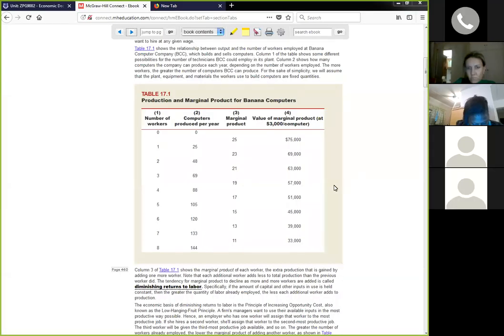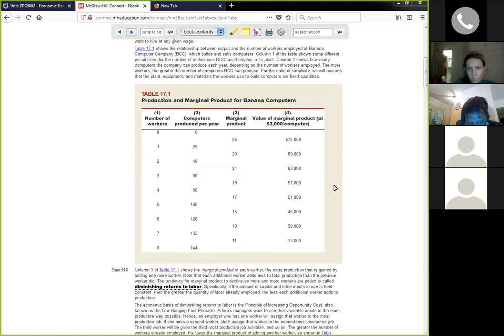So table 17.1 is very important, because if I have one worker and he will produce 25 computers per year, then his marginal product is 25. So if I sell my computers in a market for $3,000 a computer, I will earn from that worker $75,000.